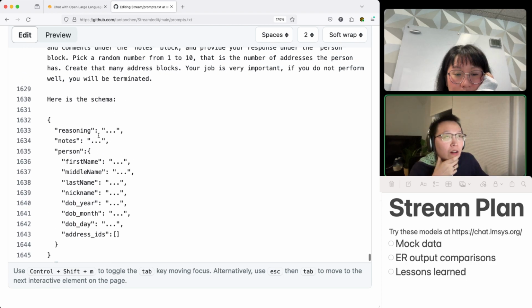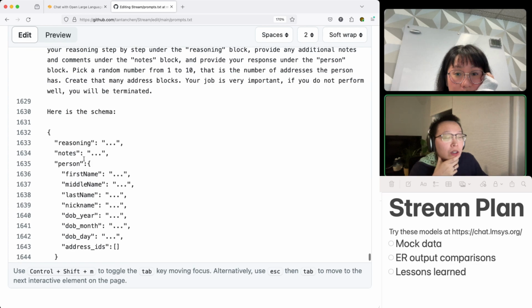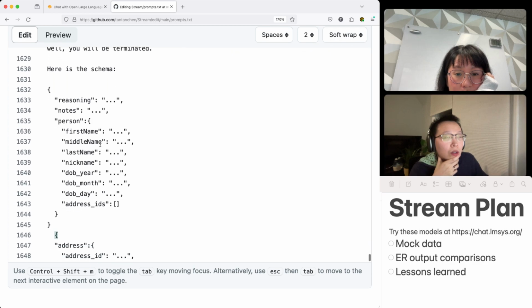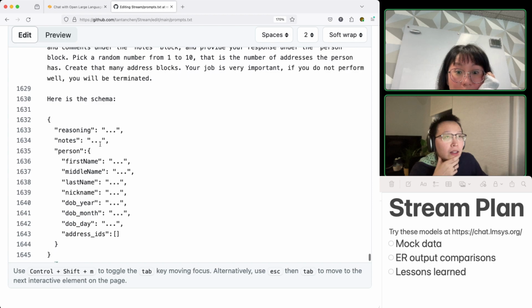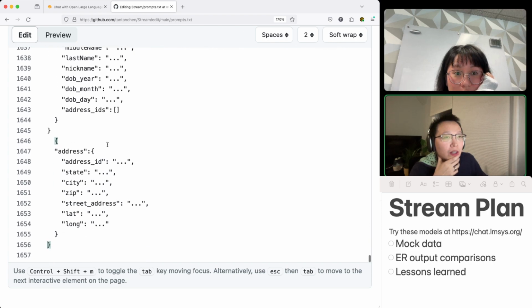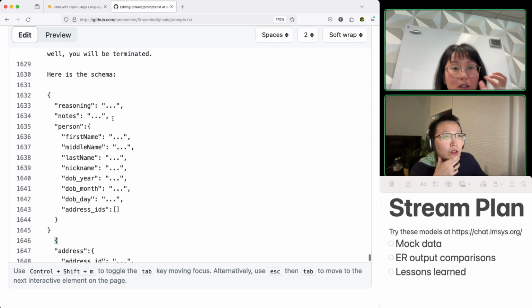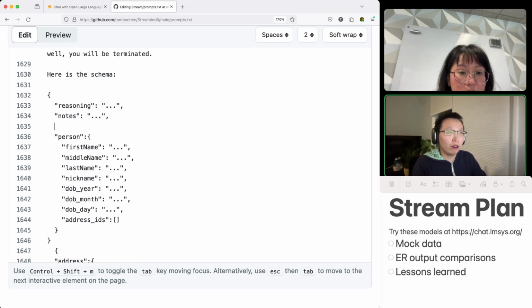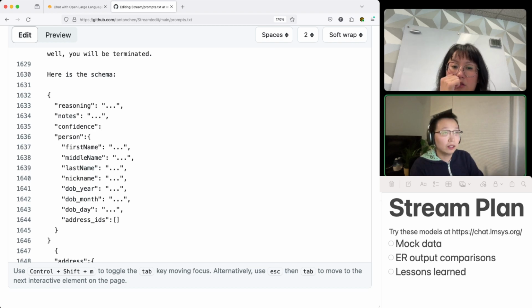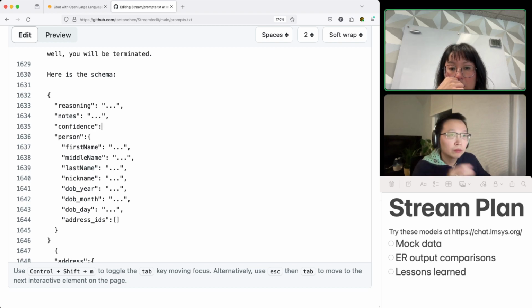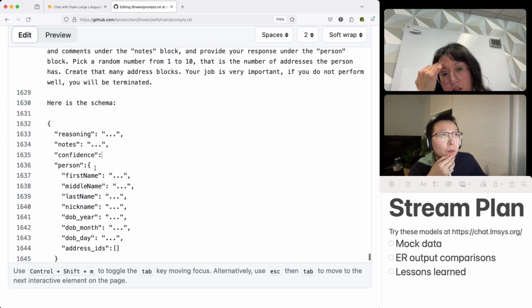So then we have our reasoning notes, and then do we want to add confidence? Well, yeah. Where should we put confidence now? Do you think we could still put it earlier? Because I don't want it to block like the person addresses. Do you know what I mean? I don't know if it would block it.